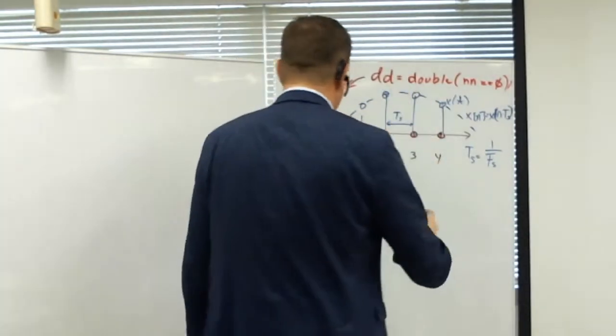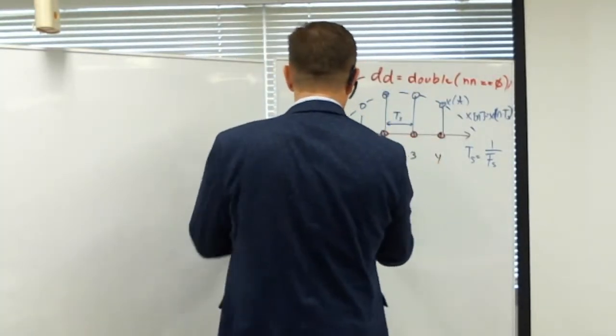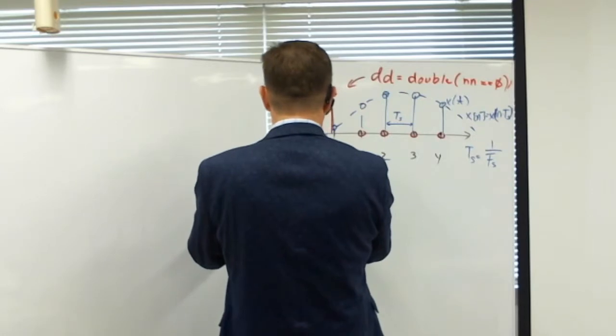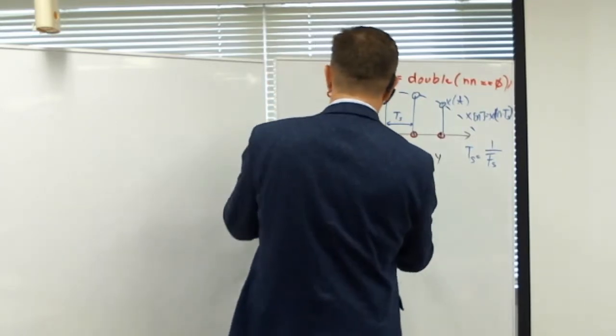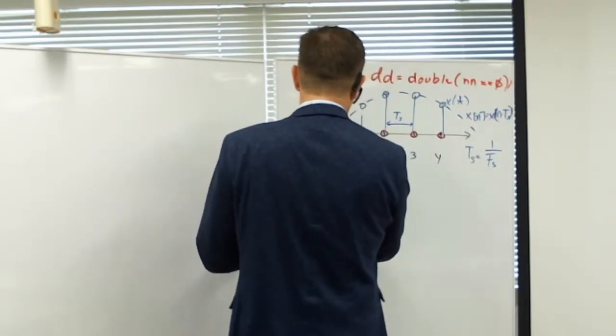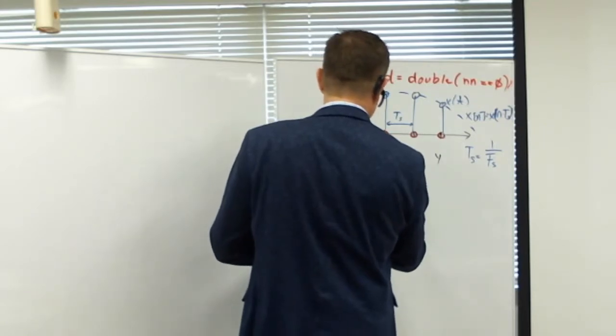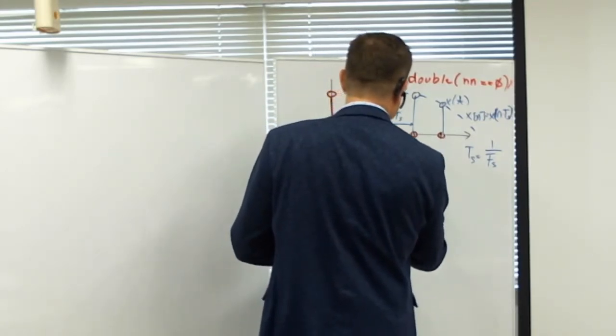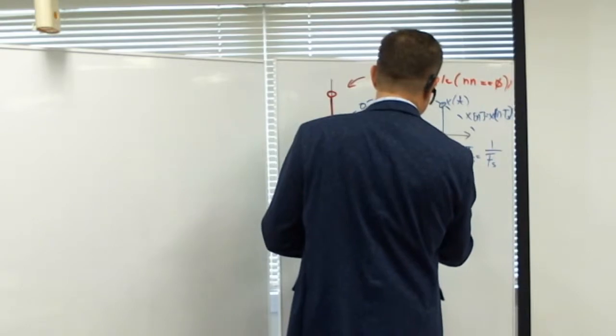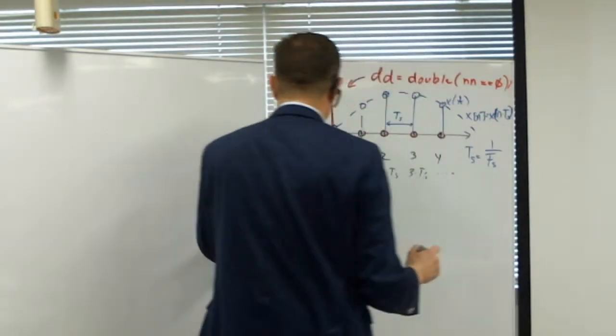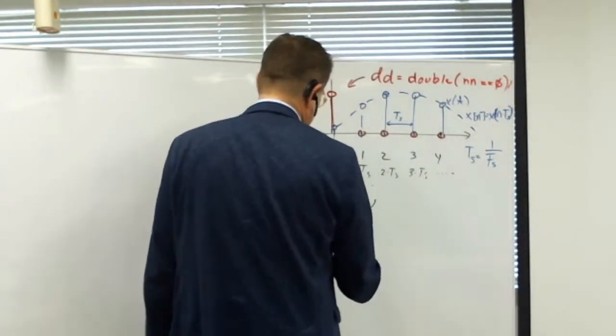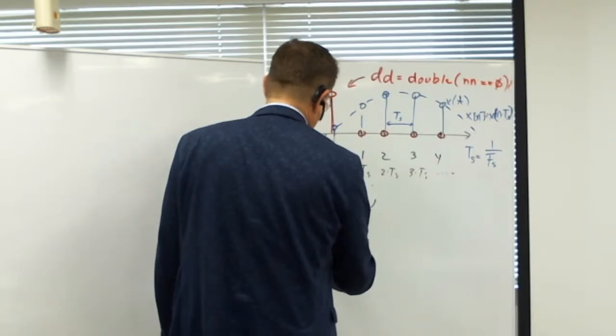Okay, for that reason, if we put the time scale here, t, that would be 0, ts, 2 times ts, 3 times ts, and so on. So how to generate a sound sample?